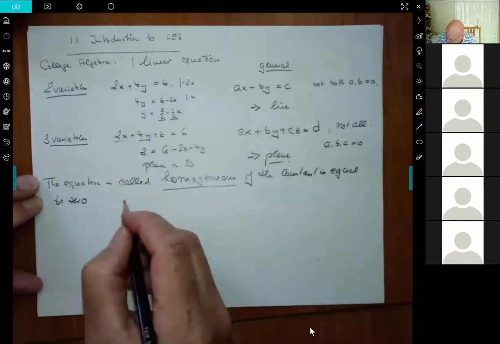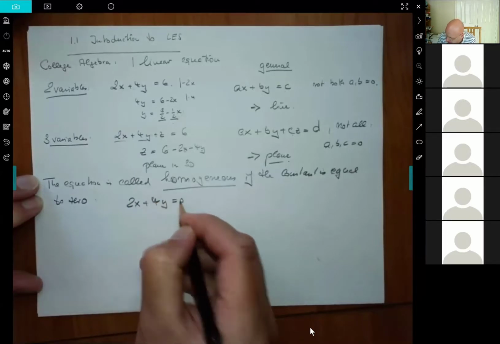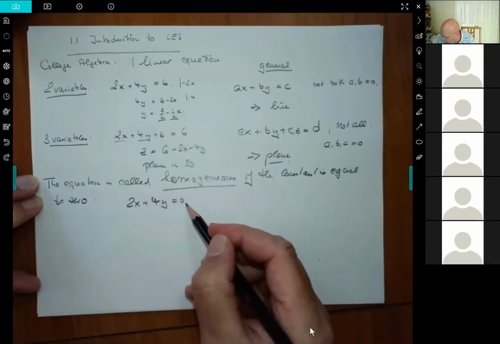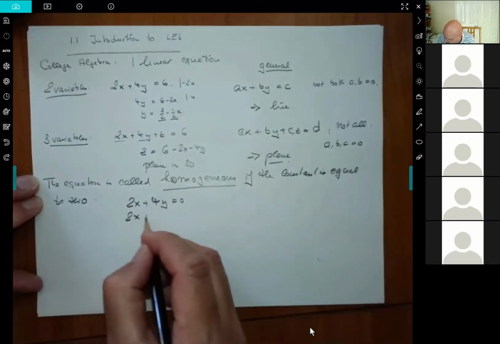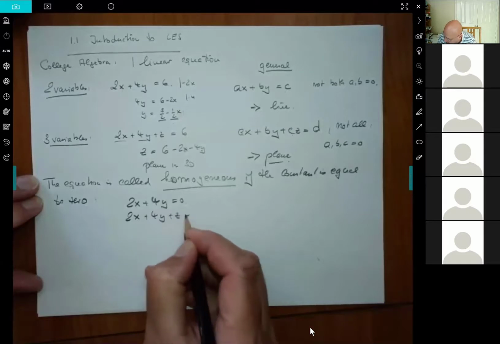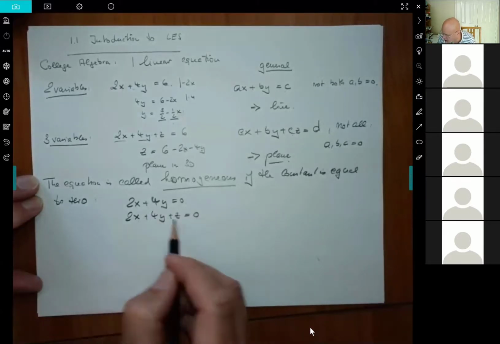So for example, 2x plus 4y equal to 0, that would be a homogeneous linear equation with two variables. Or if you have 2x plus 4y plus c equal to 0, that would be a homogeneous linear equation with three variables.